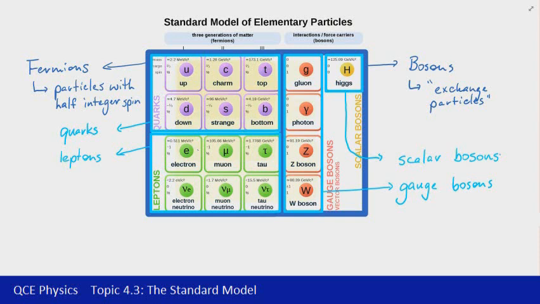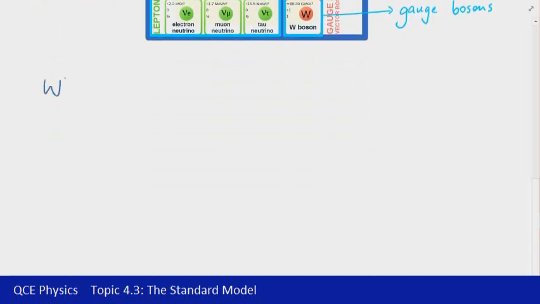Now, while we've got 17 particles in the standard model, there are actually a few more that we need to be aware of, so we'll make a bit of a note about that.